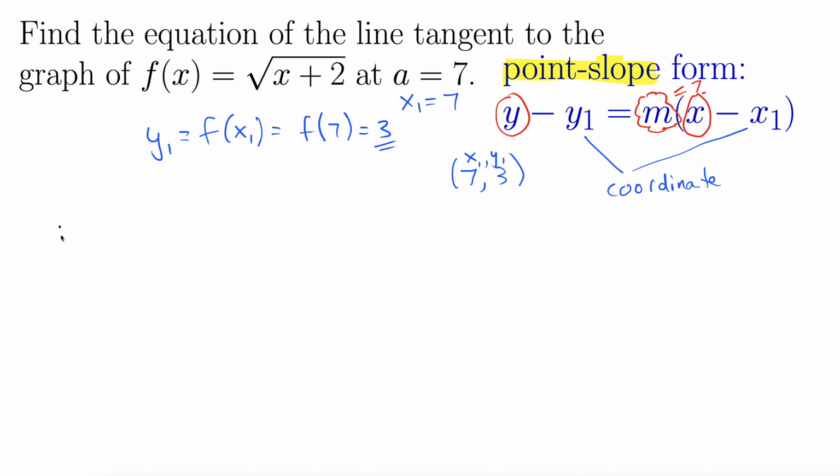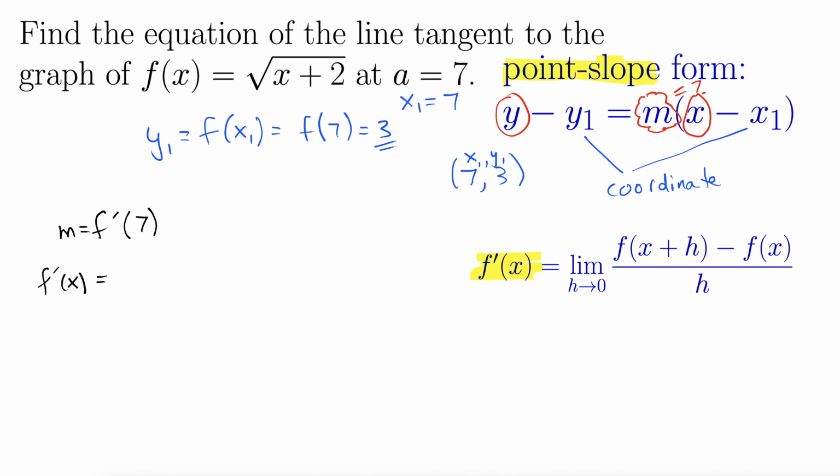So the slope is going to be f prime of the function evaluated at x1, which is 7, so f prime of 7. Alright, so let's first find f prime of x, and to do that we need our limit definition of the derivative. F prime of x equals the limit as h goes to 0 of f of x plus h minus f of x all over h.